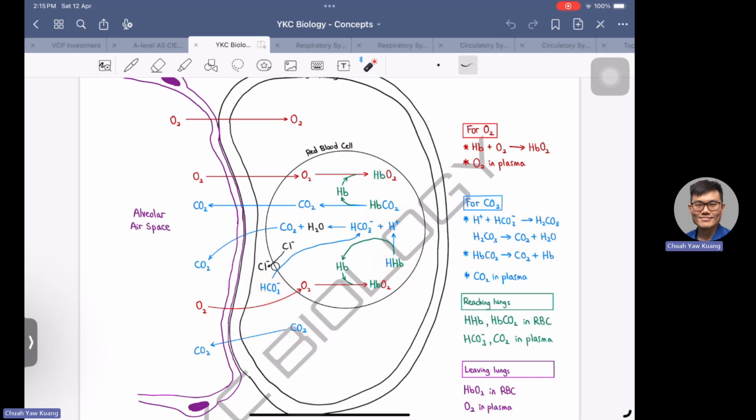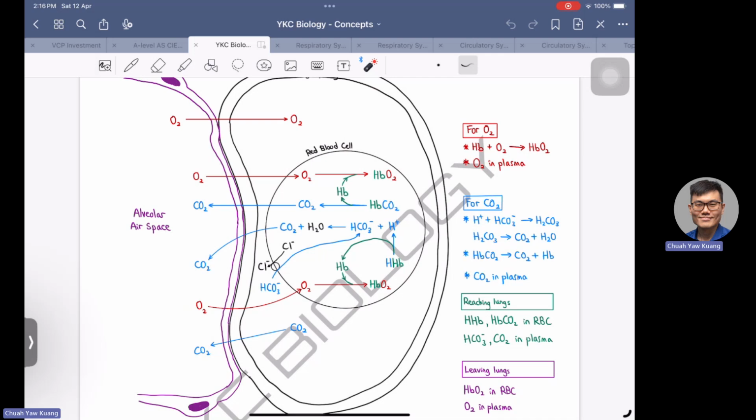The transport of gas here involves the loading of the oxygen gas into the blood and also the unloading of the carbon dioxide out of the blood into the alveolar space.